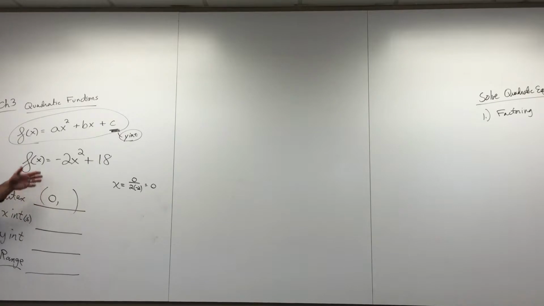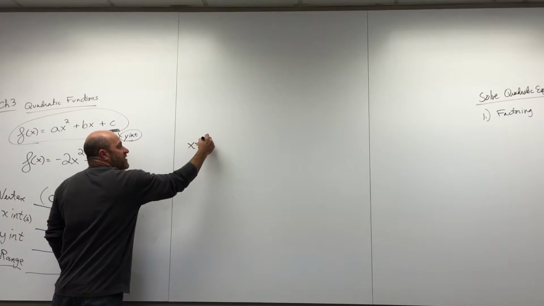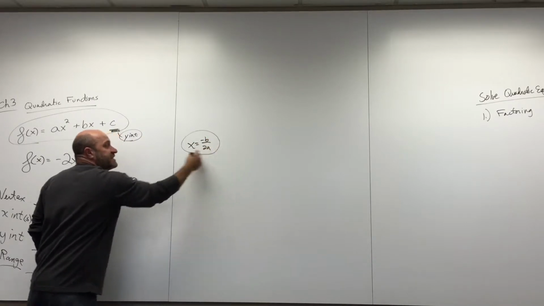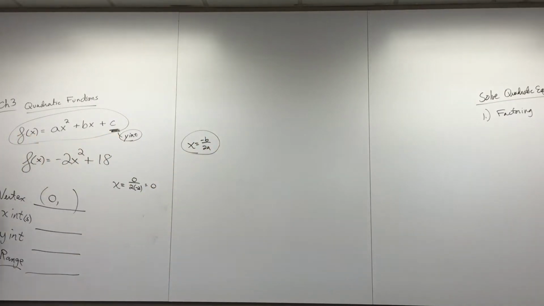When you plug that into the function, you get the y value. X equals negative b over 2a is your fancy little formula to get the x value of the vertex. Once you got that, you just plug it back in to get the y value. What's that? 18.